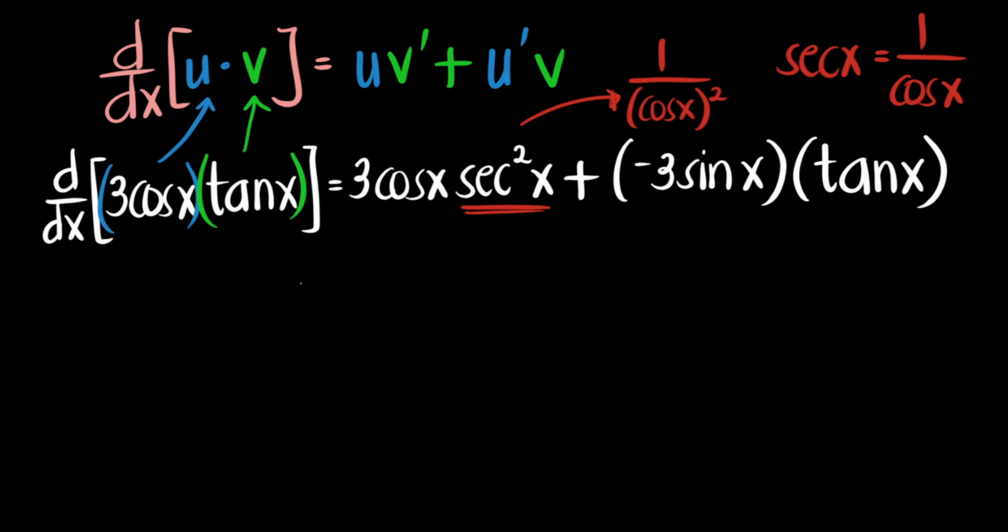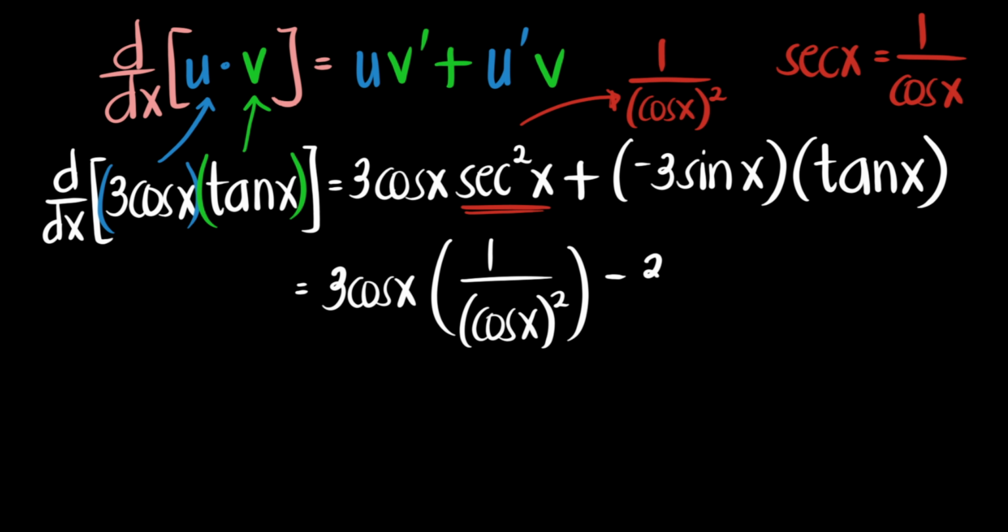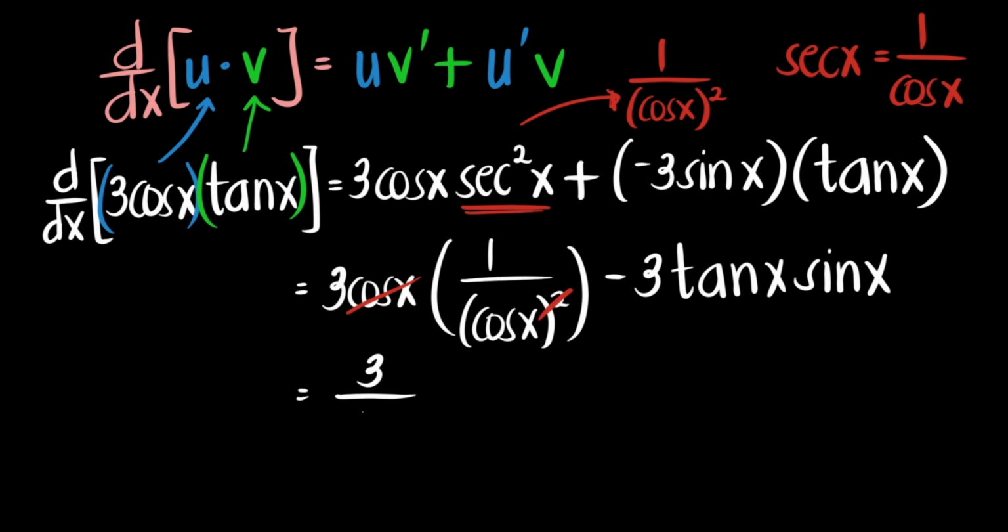We have 3 cosine x times 1 divided by cosine squared x, minus 3 tangent x sine x. Cosine x divided by cosine x is 1. The remaining value on top will be 3. On the bottom is cosine x, minus 3 tangent x sine x.